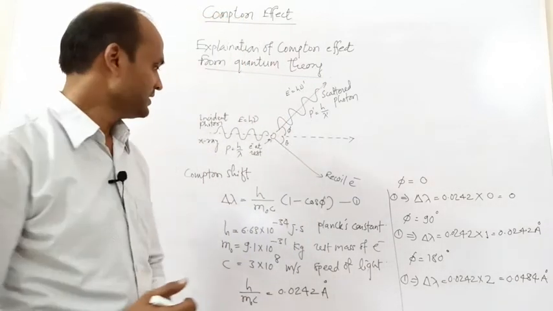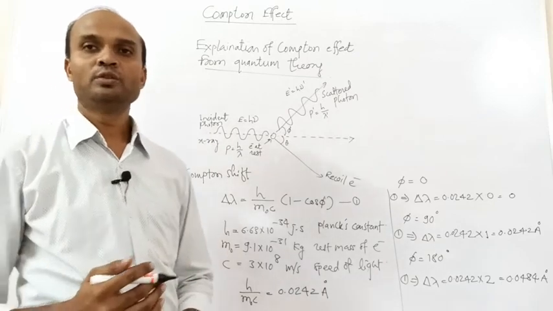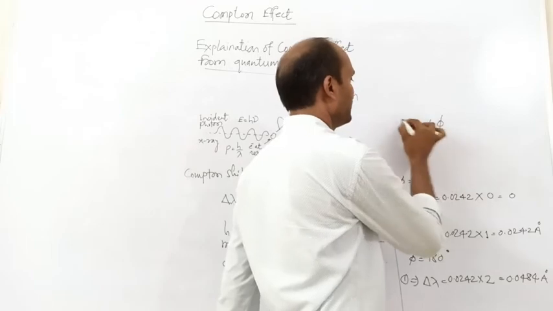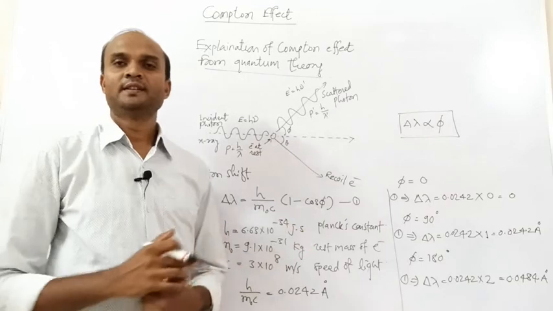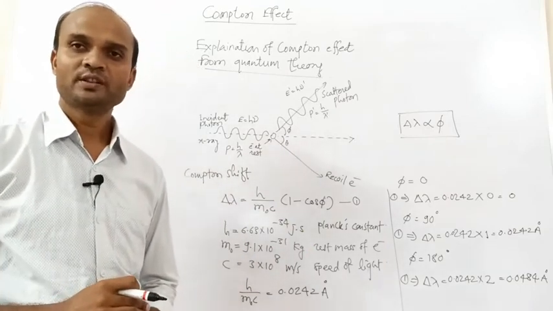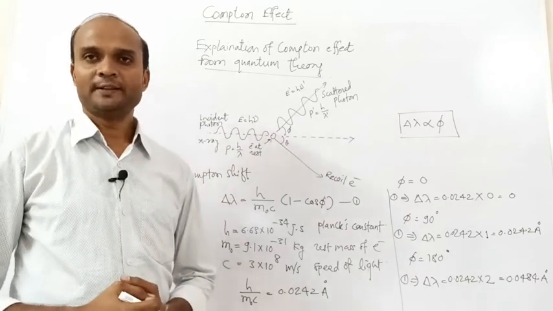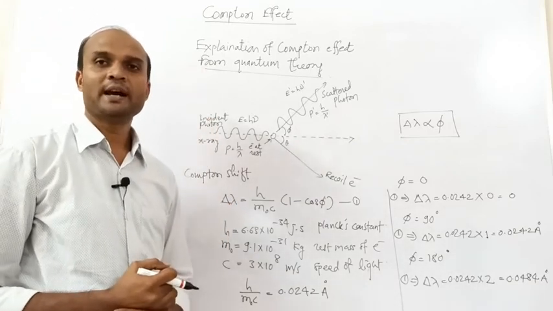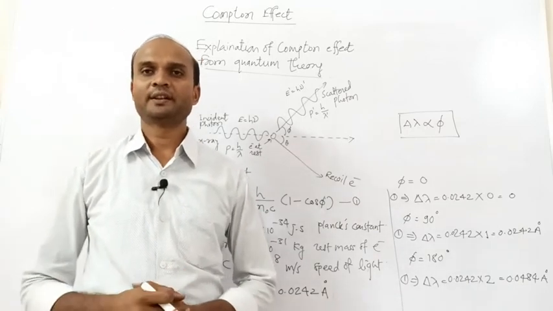So the Compton shift, delta lambda, increases with scattering angle phi, which was proved by the Compton theory, given by Compton himself using Planck's quantum theory. This is the explanation given by Compton himself to explain the Compton effect.